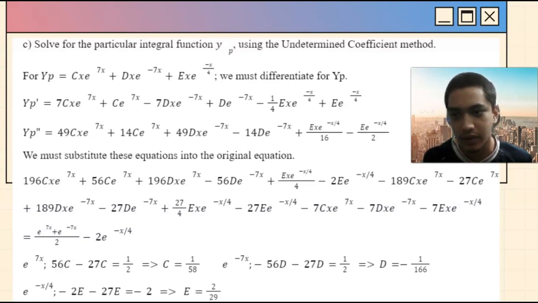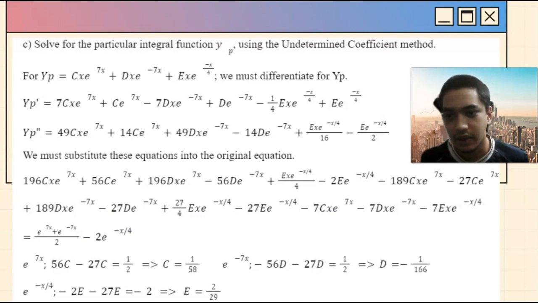Yp prime equals 7cx exponential to the power of 7x plus c e to the power of 7x minus 7dx exponential to the power of negative 7x plus d exponential to the power of negative 7x minus 1 over 4 e x exponential to the power of negative x over 4 plus e exponential to the power of negative x over 4.